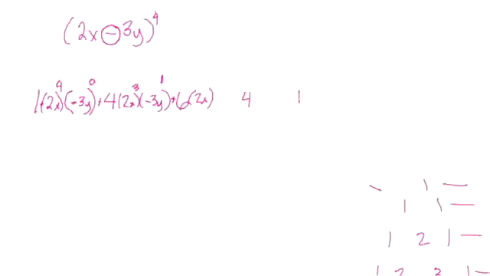All right, so then I'm going to take the first term, 2x, and that is going to be raised to the, see how the first term decreases. 4, 3, 2. Okay, let me move this out a little bit.